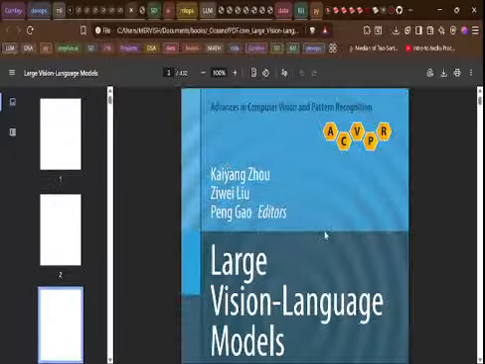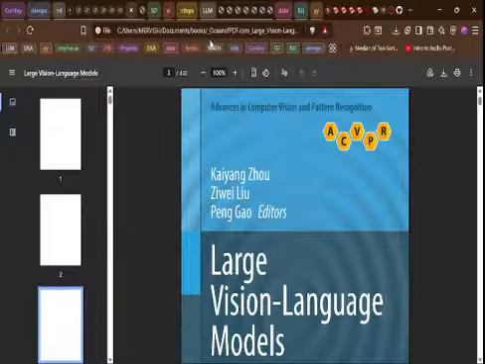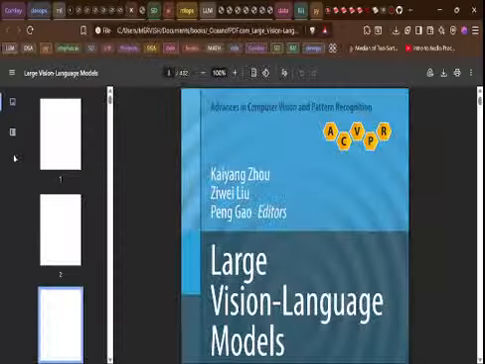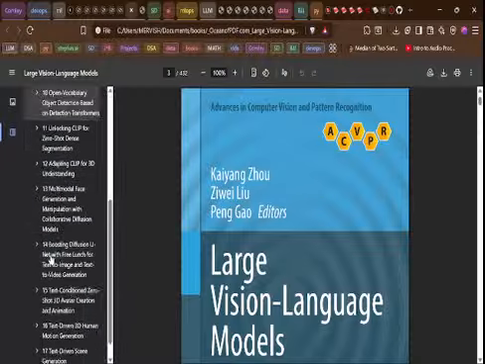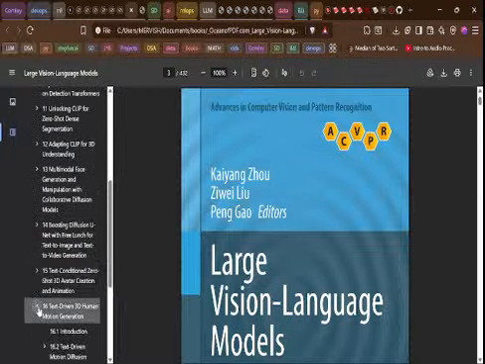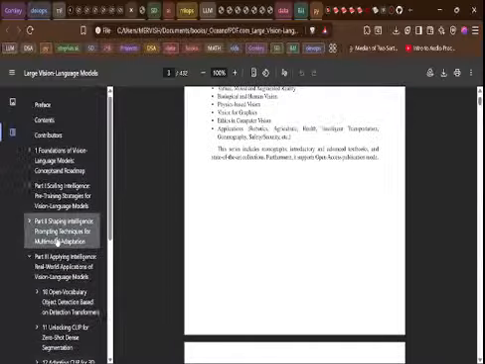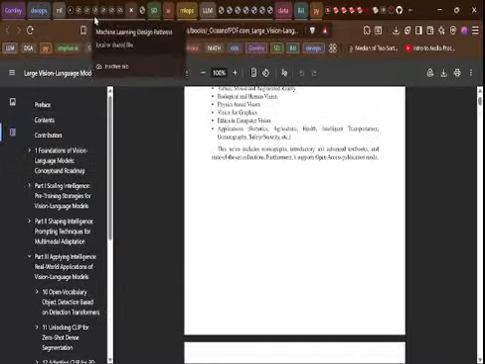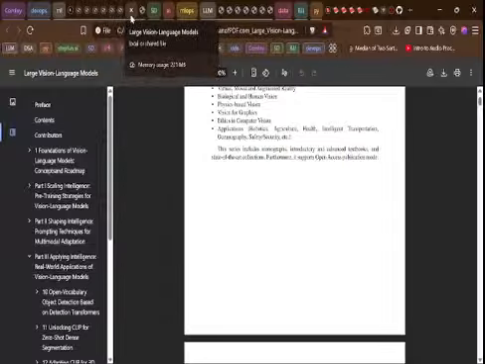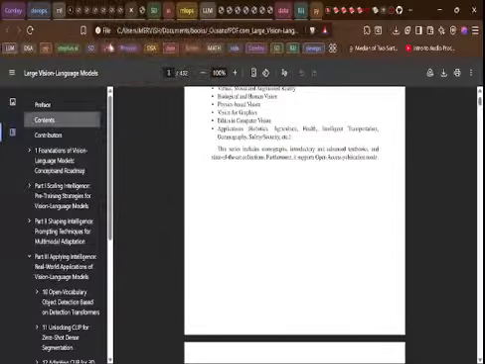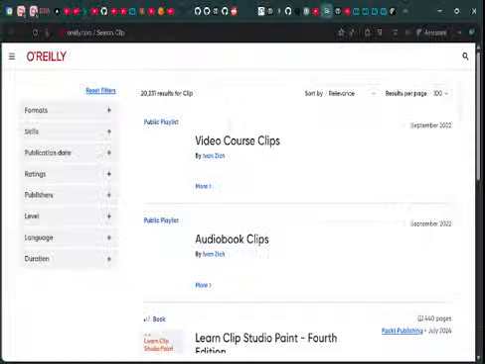Okay, I do have that. Best books on 3D reconstruction.